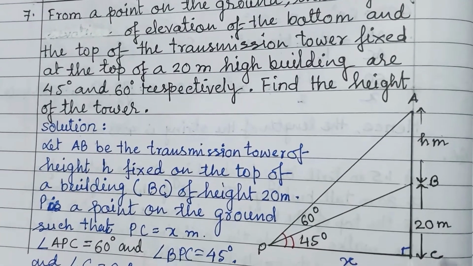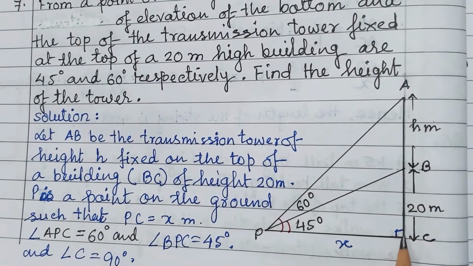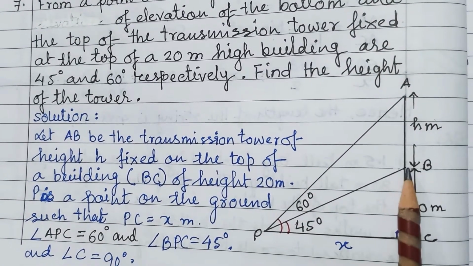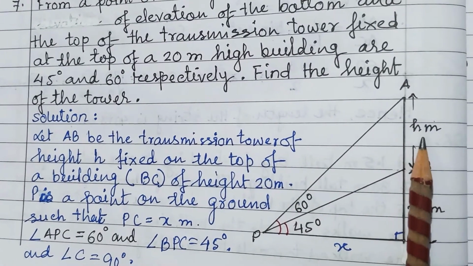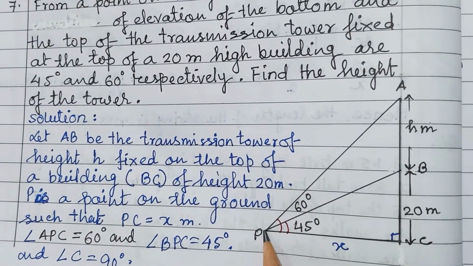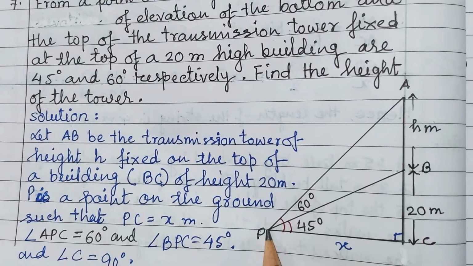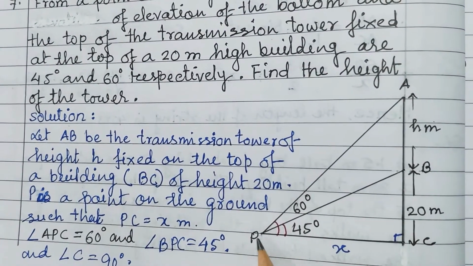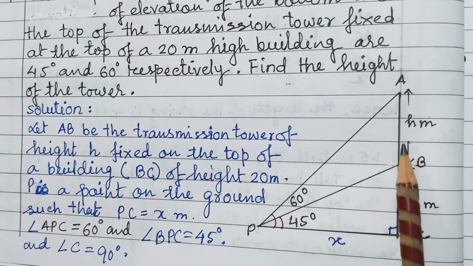Now here you see it is a 20 meter tall building. On the top of the building there is a transmission tower whose height is h meters. One person is observing from point P. He is observing the bottom and top of the transmission tower.